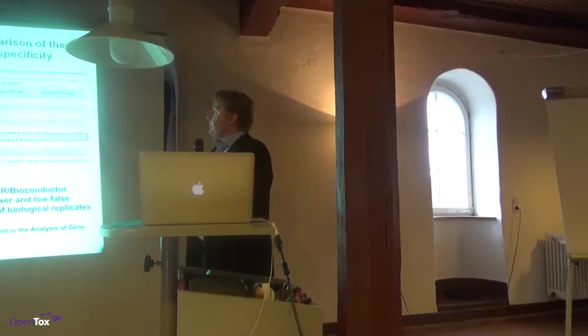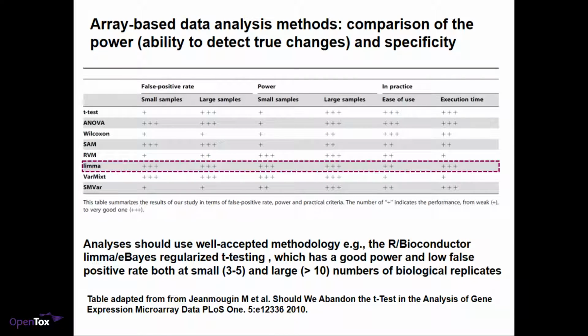And there are also differences between tools in terms of power. I talked about limma before, and limma has generally very good characteristics. So in this slide, 3 pluses means that it's always a very favorable outcome, or at least as favorable as can be. So if we're looking first at the false positive rate, then there are a number of tools which are giving fairly favorable outcomes with small sample sizes.